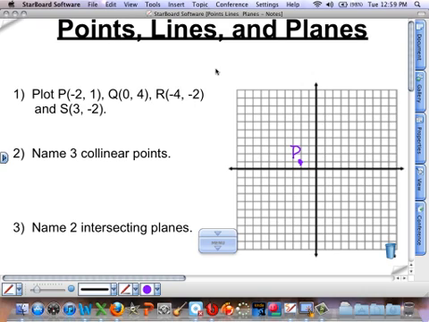Hey, Chris, I want you to plot and label point Q. That's fine. That's good.